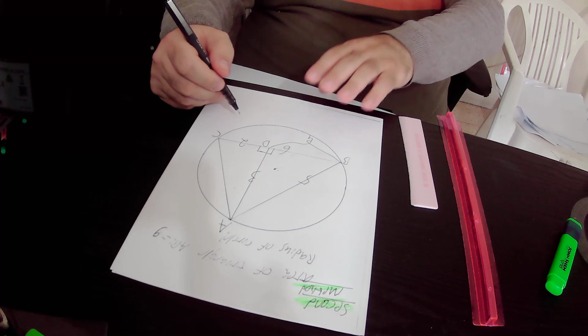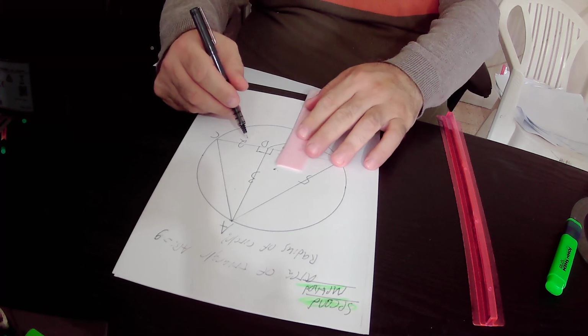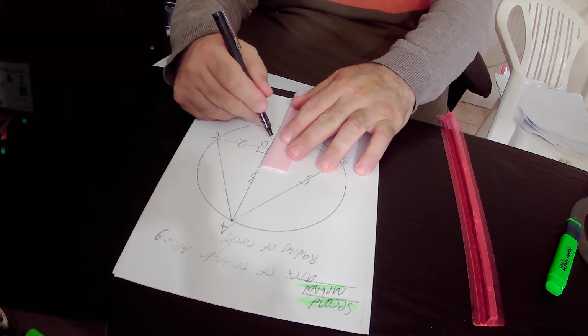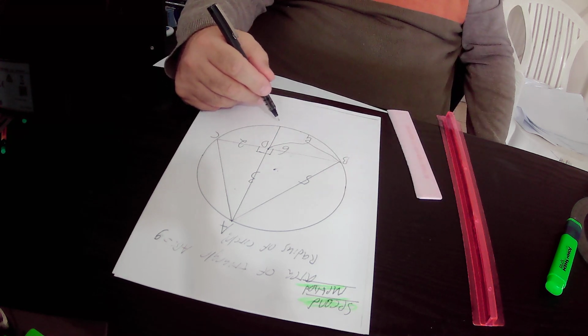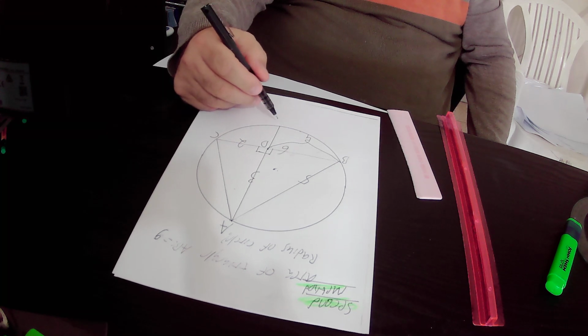In the next step, we will extend side AD by a straight line until it touches the circle. At this point, we define the touching point of the extended line segment AD in the circle as point E.